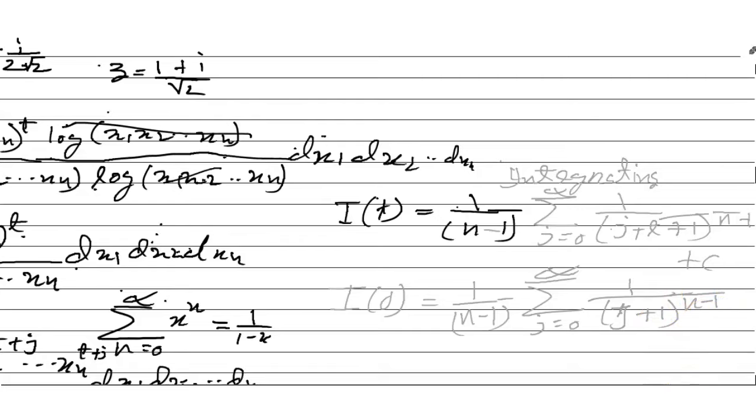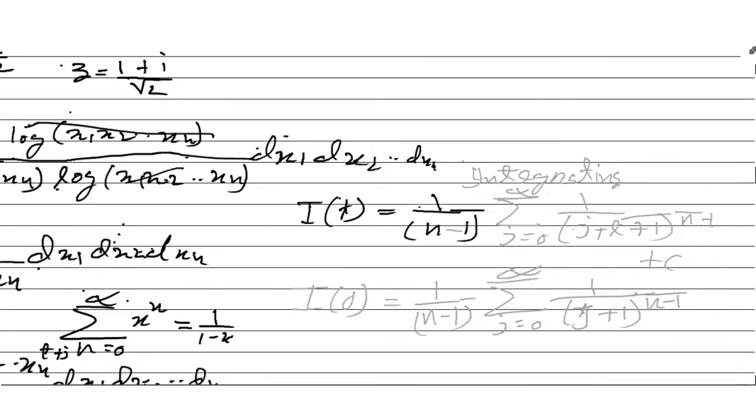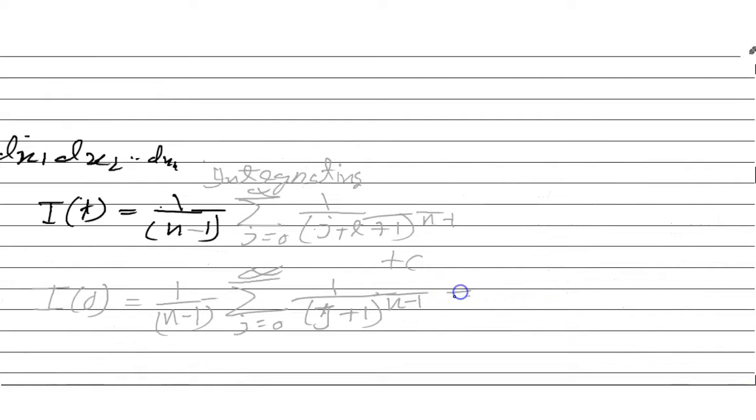This value is called zeta n minus 1 divided by n minus 1.